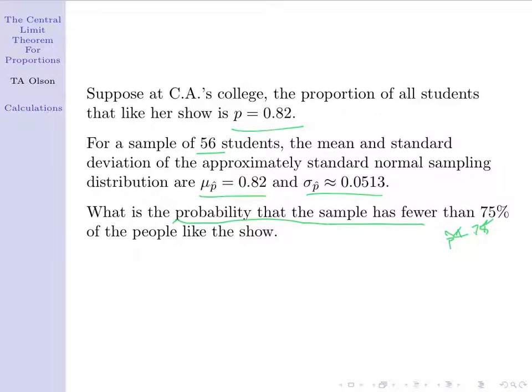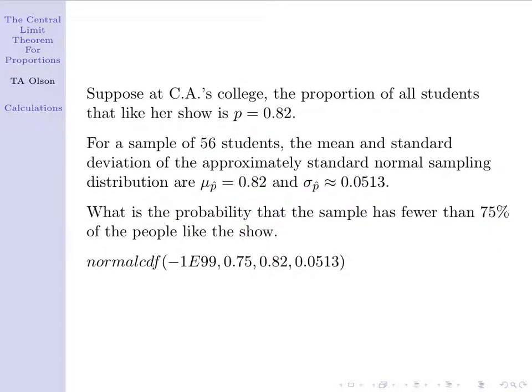If we have a TI-84 calculator handy, we do the normalcdf. We're looking for the lower side. This is -1E99, -1 times 10 to the 99th. We're going up to our 75%, that's 0.75, our mean, and our standard deviation.